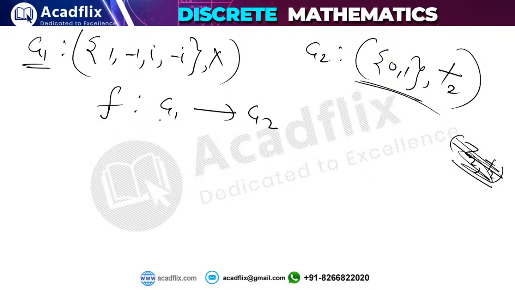A function from G1 to G2, and this function is like this: f of x is equal to... wait a second. Okay, so let's not take this example. Let's take another example. Actually, this example will be quite hard. So let's take an easy example, and then we will check that example.